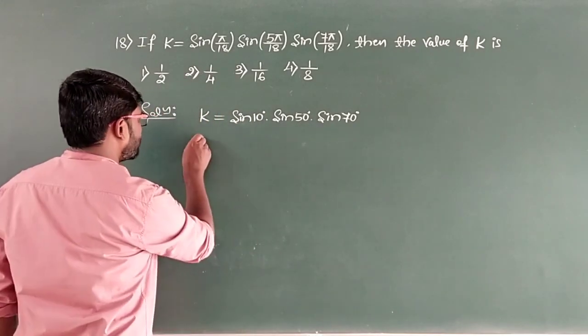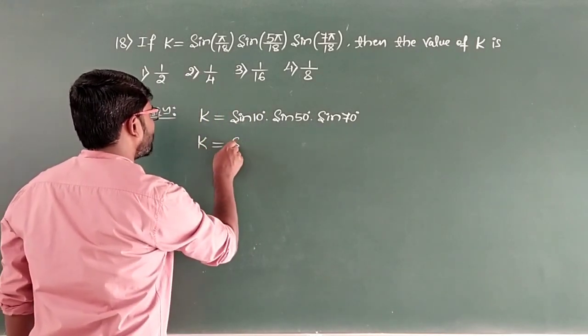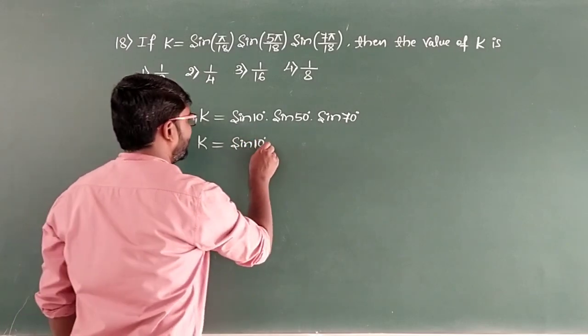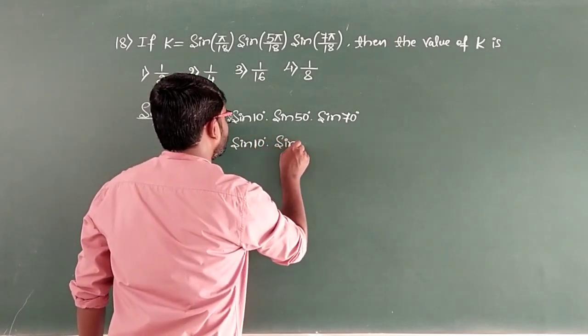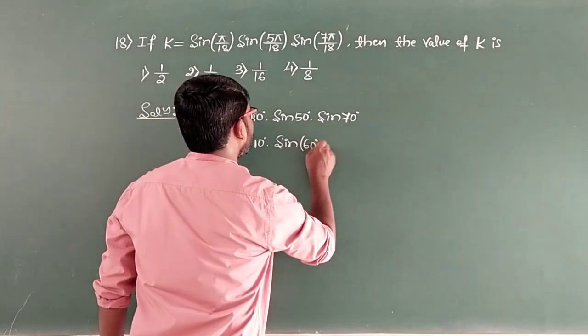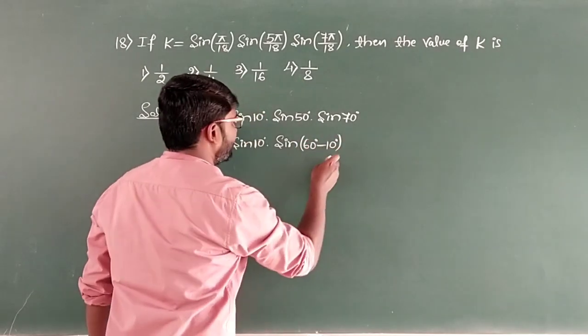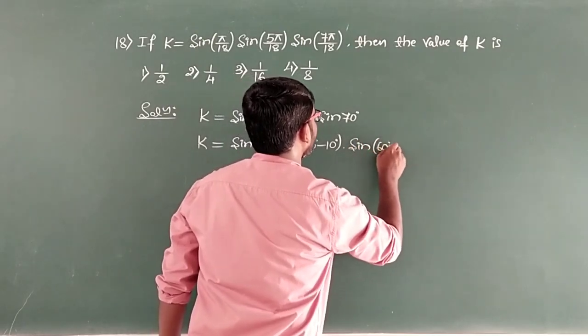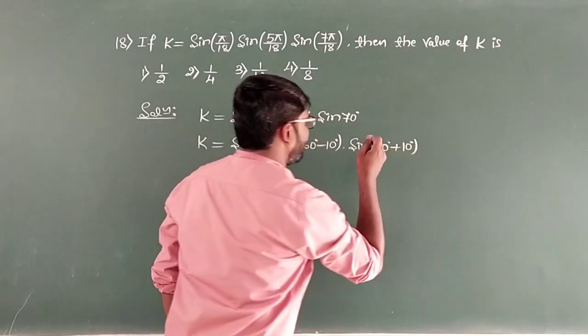Then in the next step it can be written as sin 10 degree into sin 50 degree, which is sin of 60 degree minus 10 degree, into sin of 60 degree plus 10 degree.